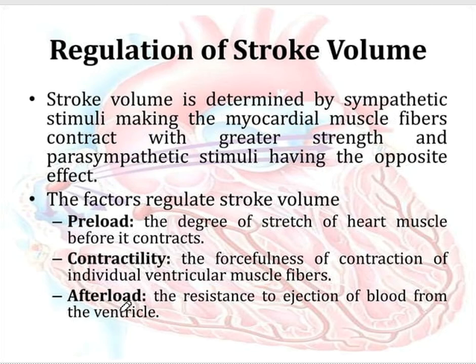And afterload is the resistance to the ejection of blood from the ventricle. So preload is receiving the blood, and afterload is pushing the blood out of the heart. So this is all about the conduction system of the heart.